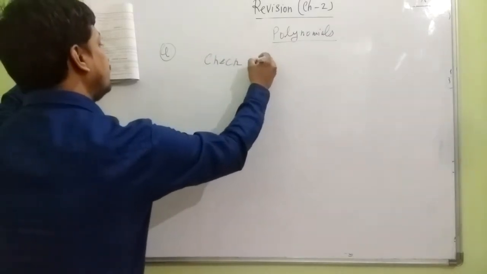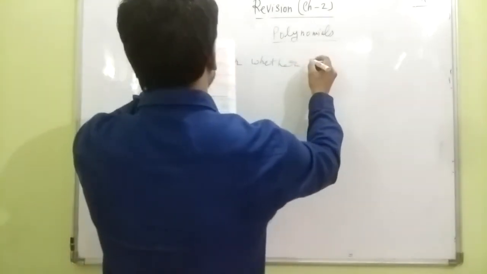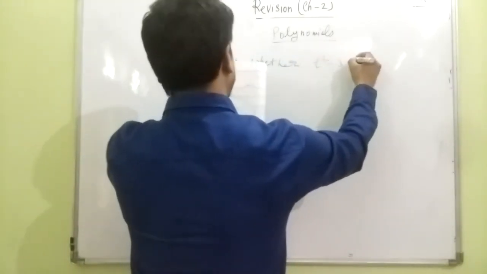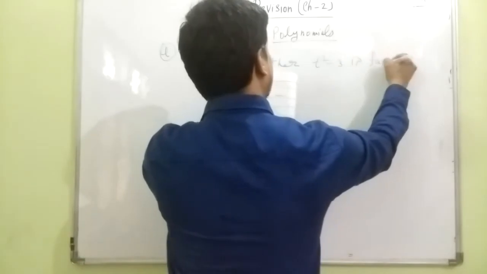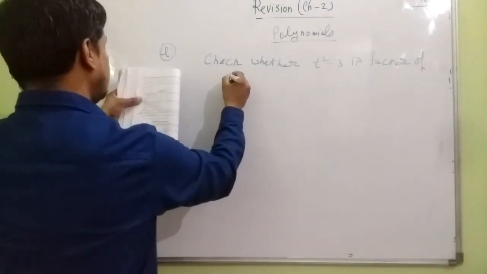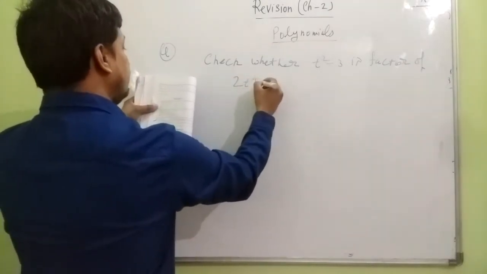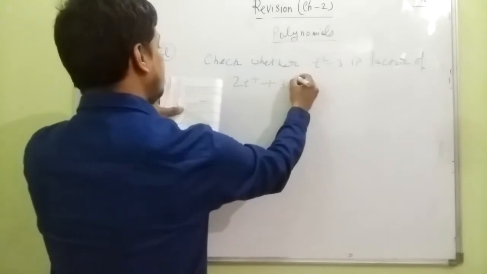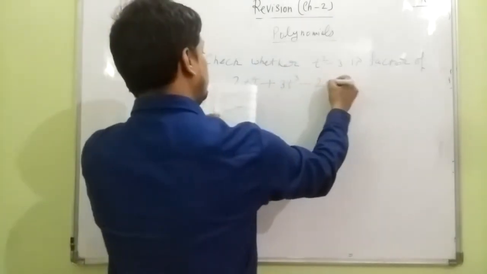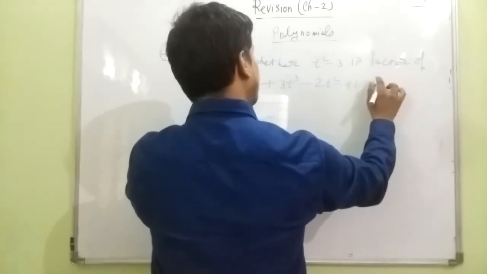Check whether t square minus 3 is a factor of the other polynomial, 2t to the power 4 plus 3t cube minus 2t square minus 9t minus 12.